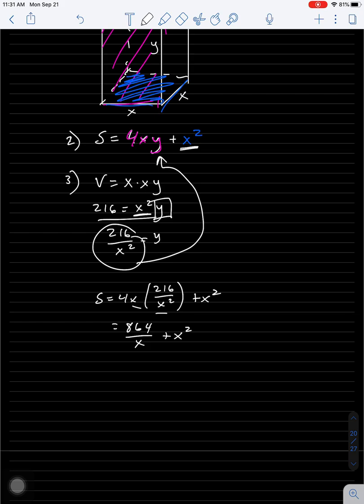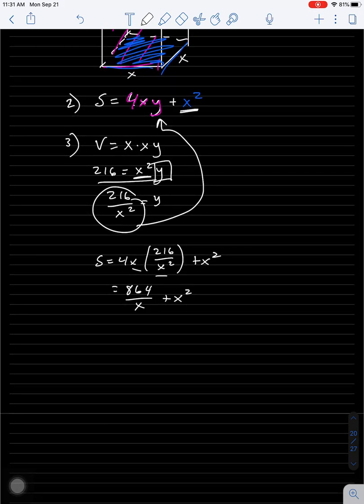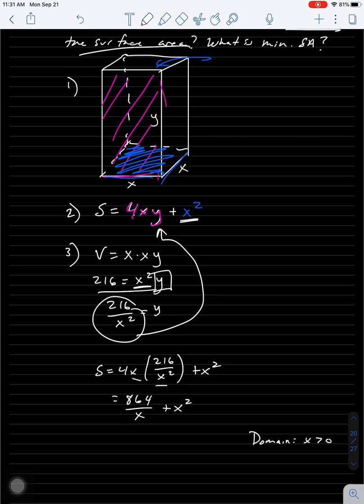All right. Now, domain, let's just check that. Domain: x has to be greater than 0, right? If y was 0, let's look at this equation: 216 equals x squared y.